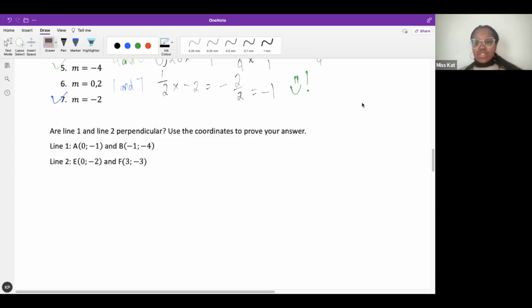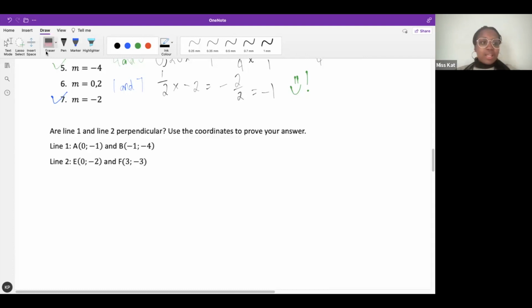So guys, I'm asking you if these two lines are perpendicular, and then I'm giving you coordinates. What are we expected to do with these coordinates? Are the lines perpendicular?